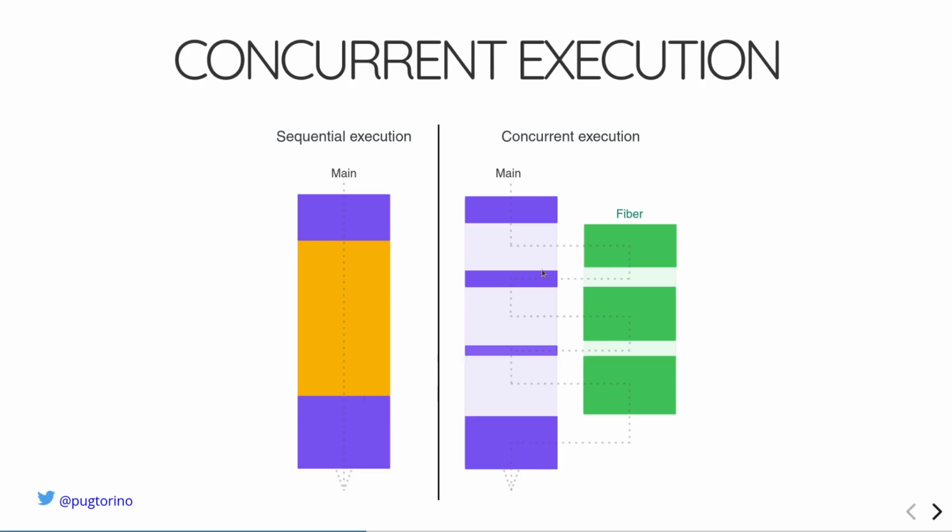In the fiber, as you can see here, we can basically move this part of the code up in the diagram. That means this code will be executed in the middle of the execution of the fiber, using this suspend and resume function. So this is the theory behind the concurrent execution.